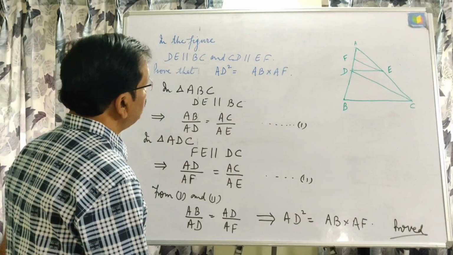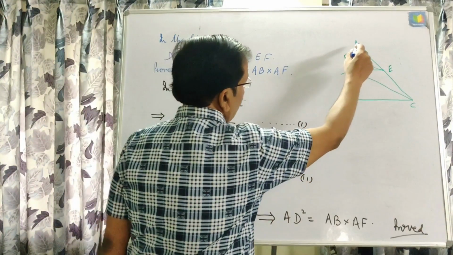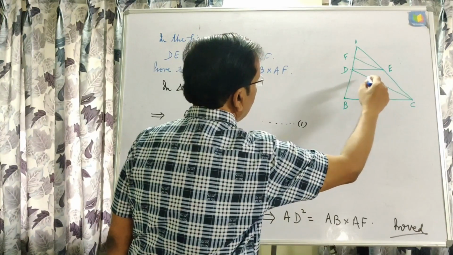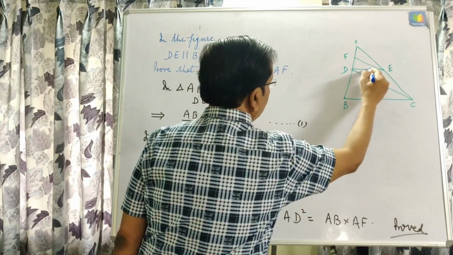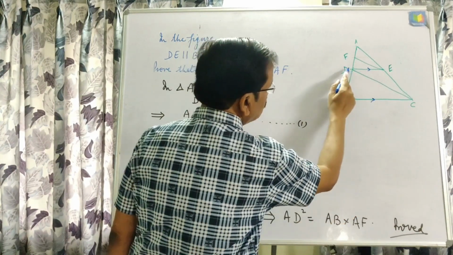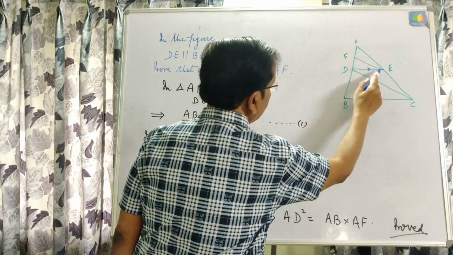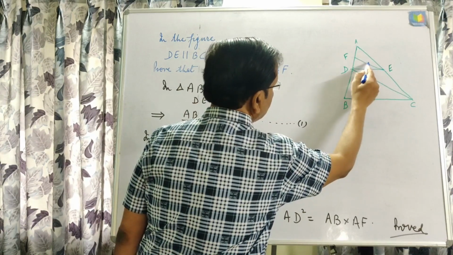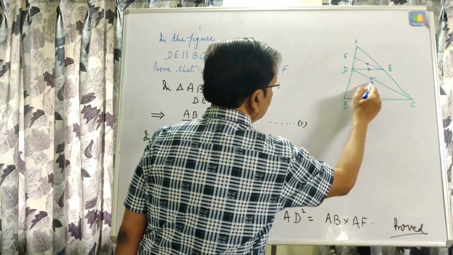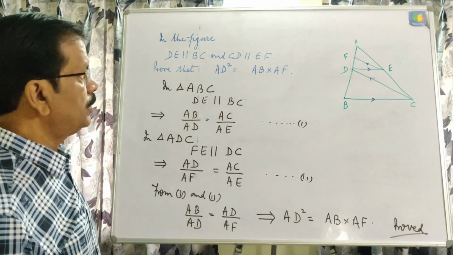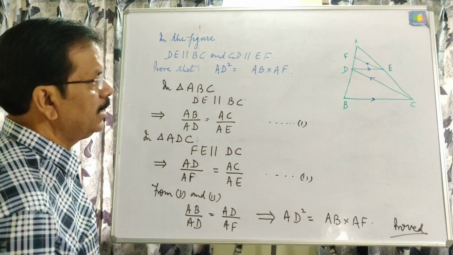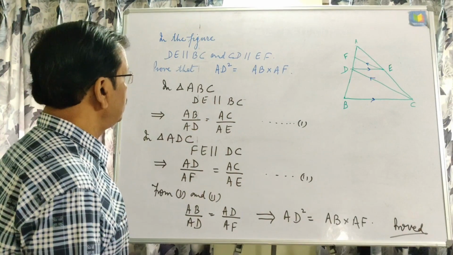Again in this question a figure is given: ABC is a triangle in which DE is parallel to BC. If we join D to C, then EF is parallel to CD. These two lines are parallel, and according to this we can identify the triangle and apply the basic proportionality theorem.